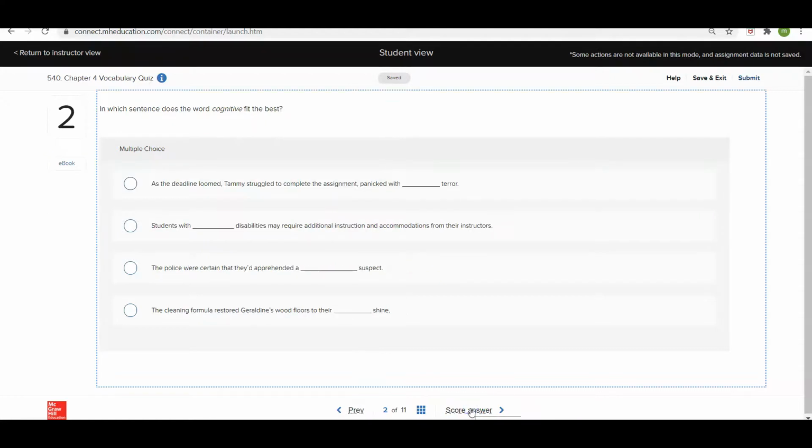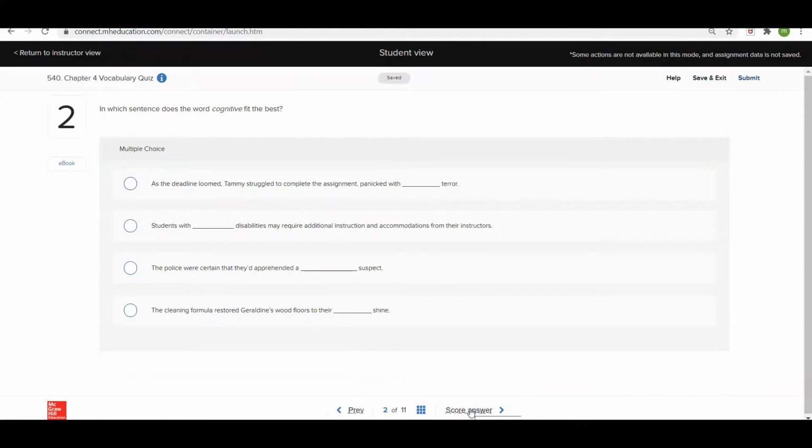All right. Number 2, the word is cognitive. I mean, I can just go ahead and look it up from the start, but I know something about this word, cognitive. It has to do with knowledge. Something cognitive has to do with knowledge. As the deadline loomed, Tammy struggled to complete the assignment, panicked with cognitive terror.